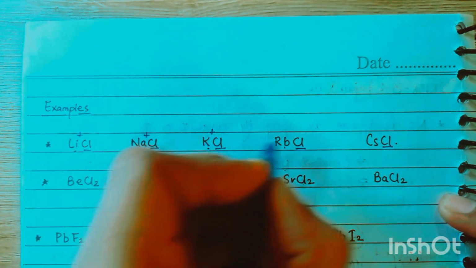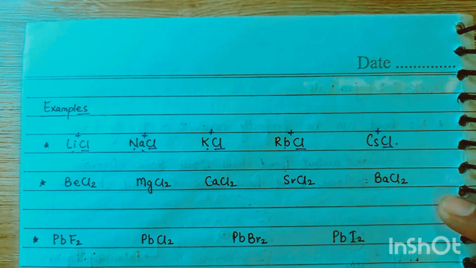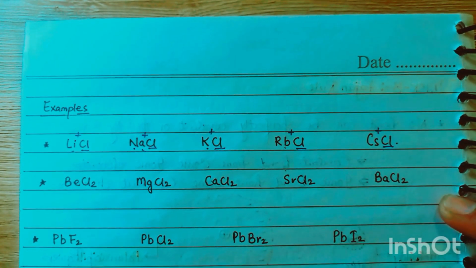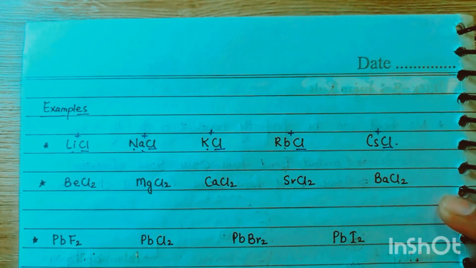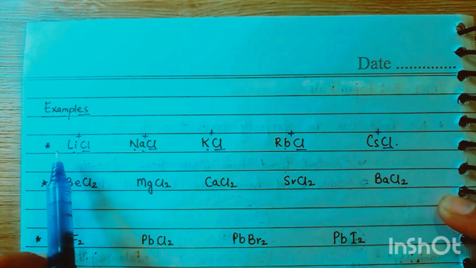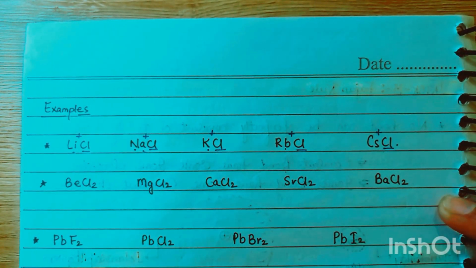All the cations have +1 charge. So we cannot distinguish their covalent character by the charge. Then how can we distinguish their covalent character? We can distinguish the covalent character by their size. As you can see, all the cations belong to group 1, or you can say the alkali metals.